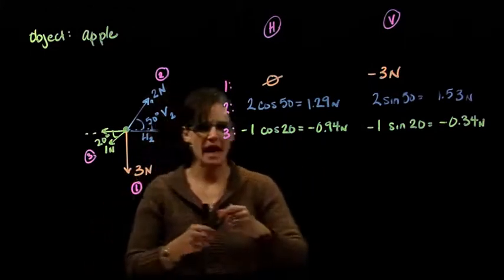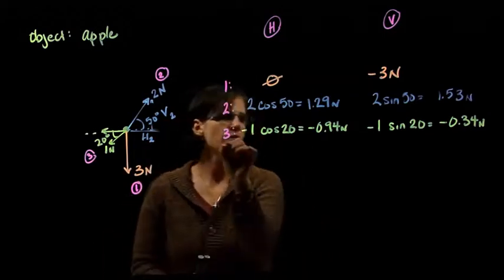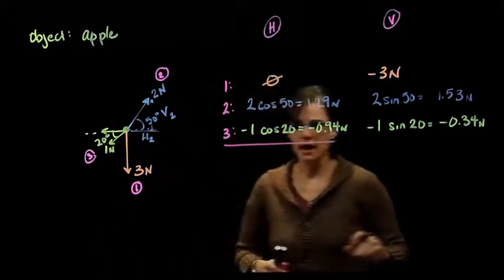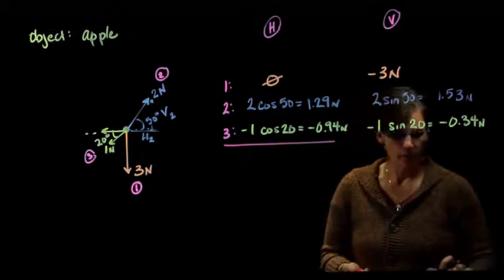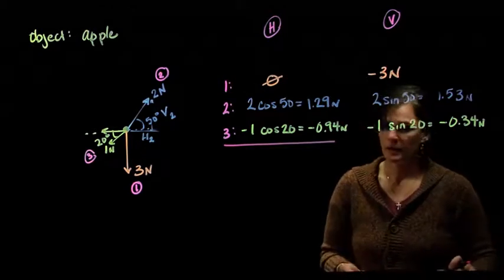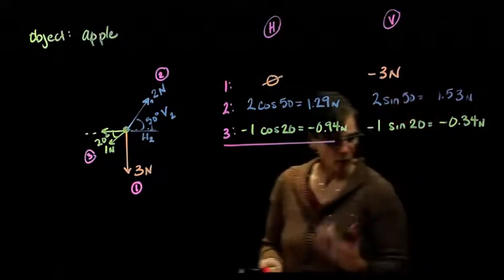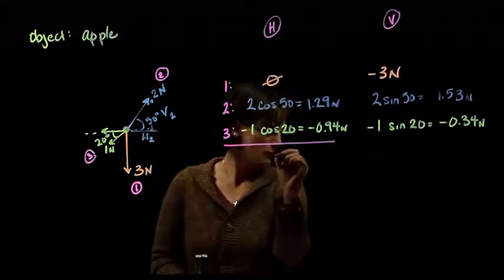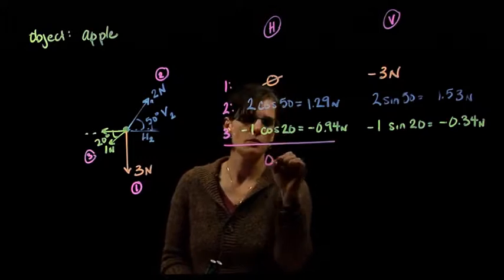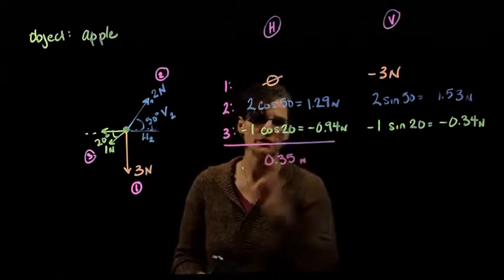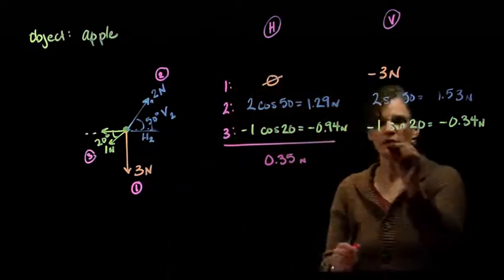So I'm going to add together all of the horizontal components. I have 0 plus 1.29 plus a negative 0.94. And I find that my horizontal component for this net vector is 0.35 newtons. Let's look at our vertical component.